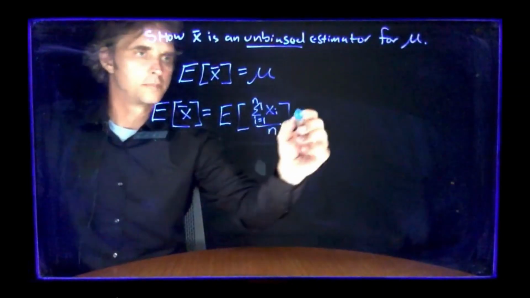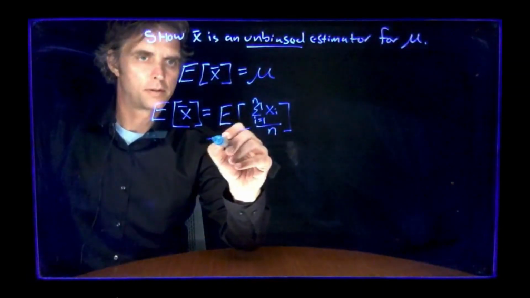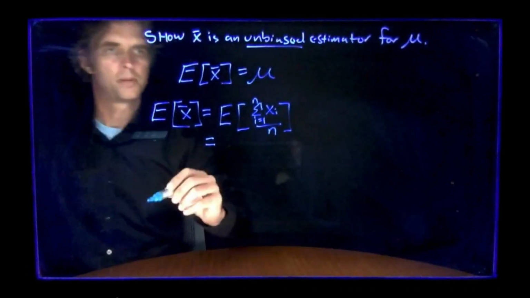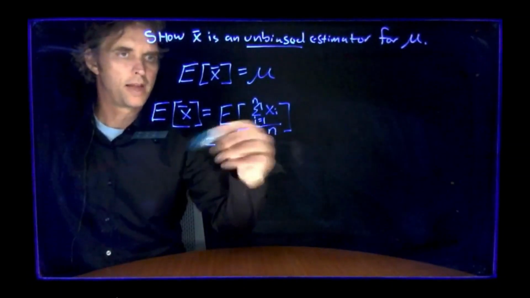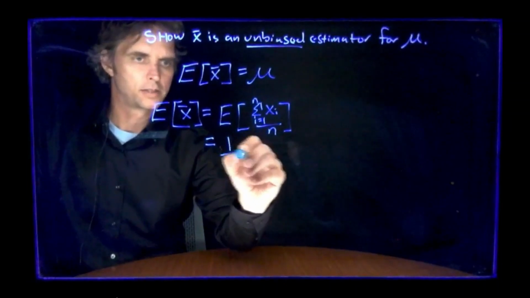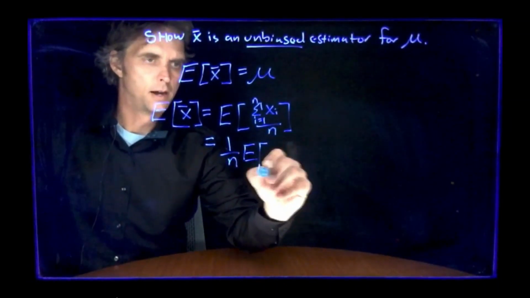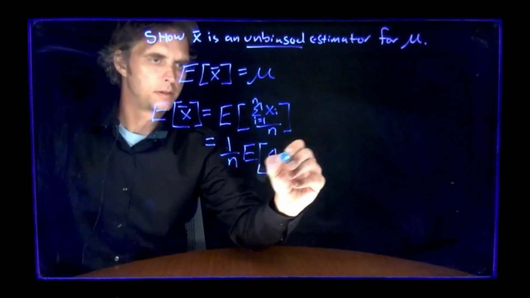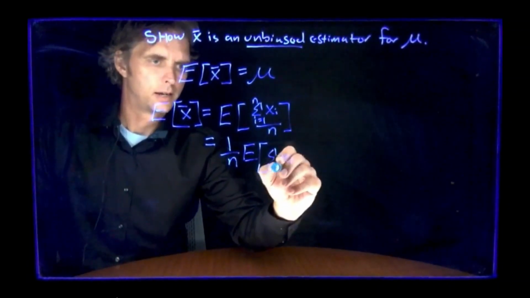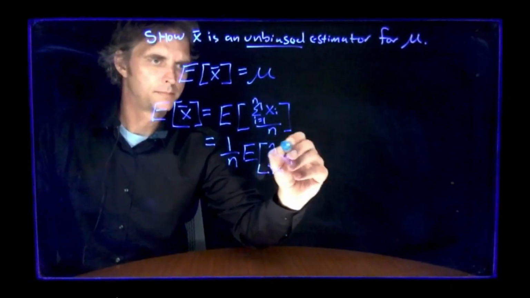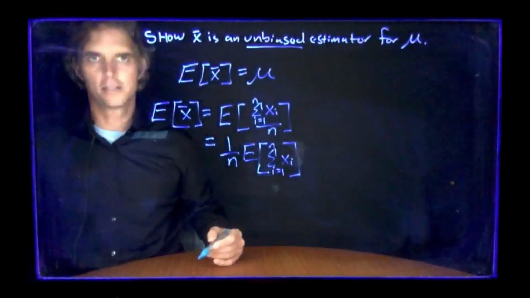All right, awesome. So at that point, we have this special property of expected values that I can just pull that 1 over n right outside. So that's really the same as 1 over n times the expected value of the sum of xi, i equals 1 to n. Okay, that's nice.